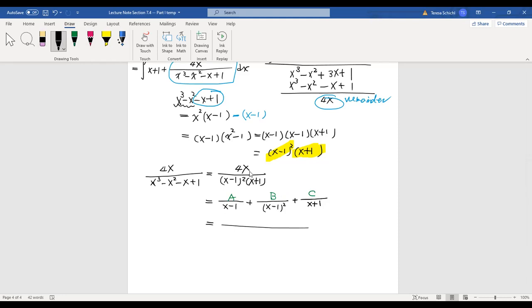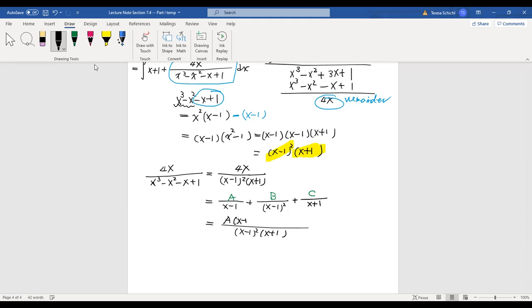So we're back again. Put the common denominator, which is x minus 1 squared times x plus 1. For the A term, the denominator is x minus 1, so what do I need to multiply here?